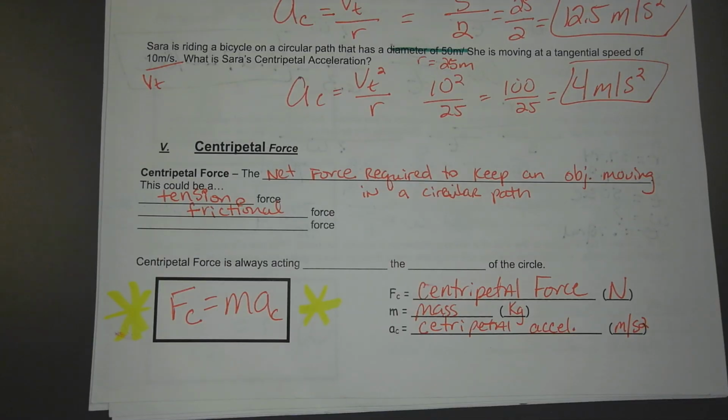For an example, let's say you're driving to school and all of a sudden there's a dog or something jumps out in front of you. You have to swerve your wheel, and when you do that turn, thank goodness you got good traction and it's not a wet, rainy day. So that way the friction keeps you on the path of the road. If not, you would fly off into the curve or into the ditch.